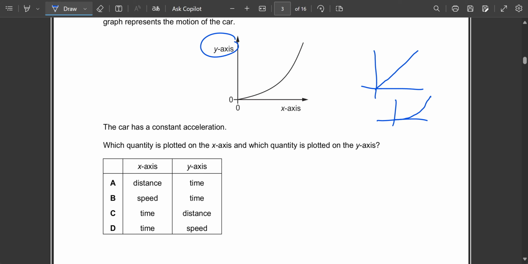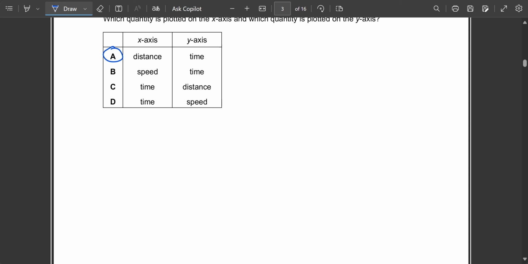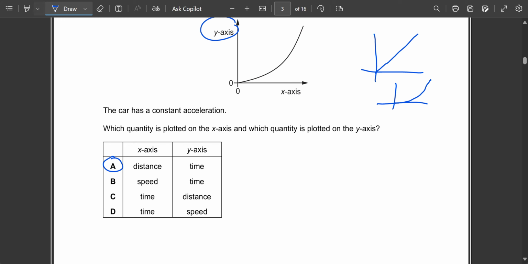So on the x-axis it should be distance, and on the y-axis it should be time. Sorry, it should not be on the x-axis, it should be time, and on the y-axis should be distance. So that should be C.